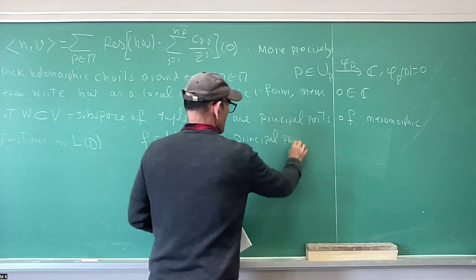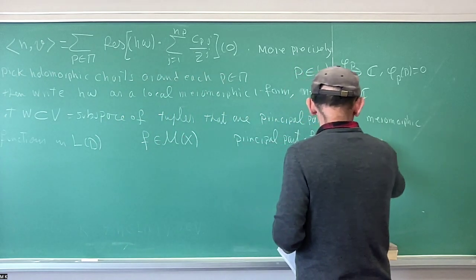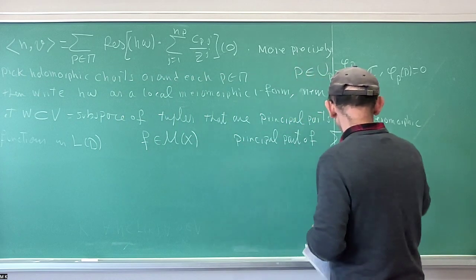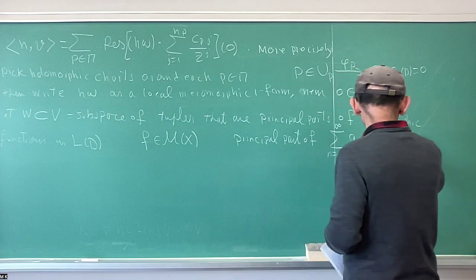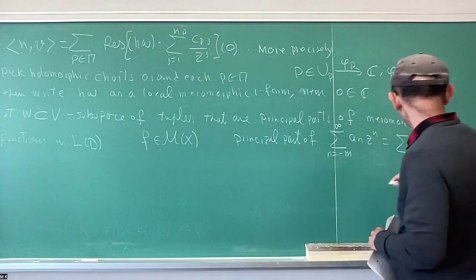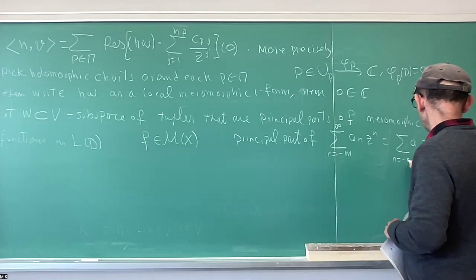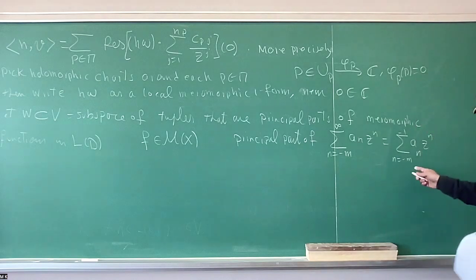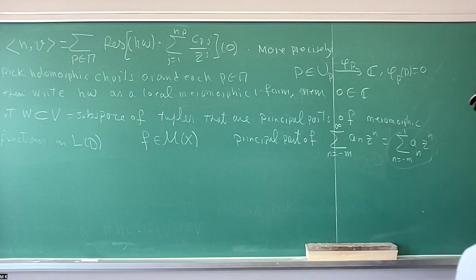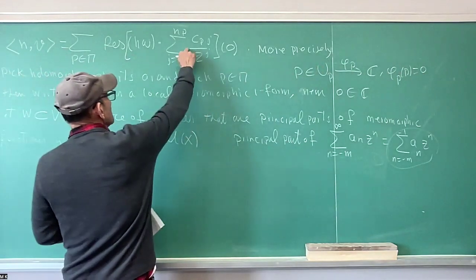If you have a sum of a_n z^n from minus m to infinity, it is equal to the sum of a_n z^n from minus m to minus 1, plus the rest. This is the principal part of any Laurent series by definition. So these principal parts obviously have to be here.